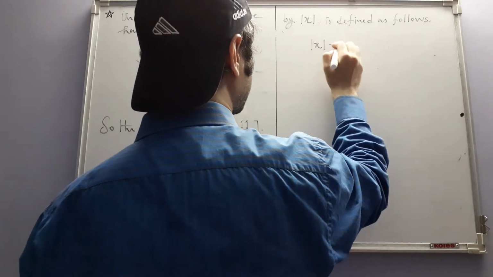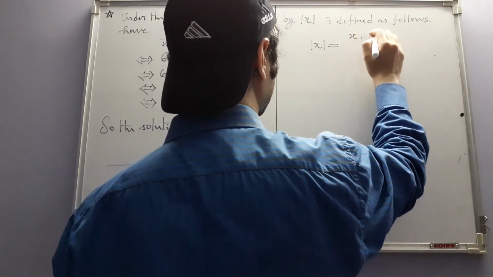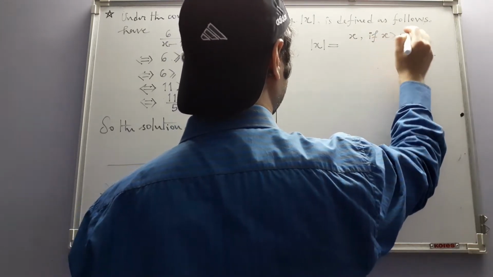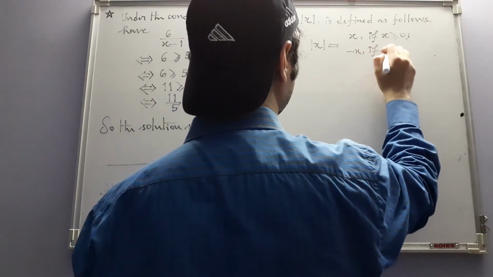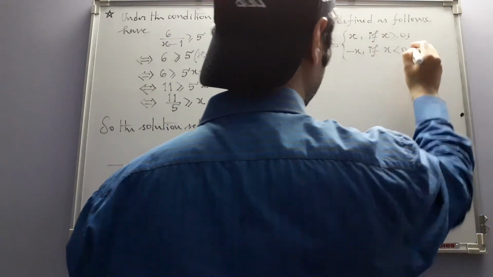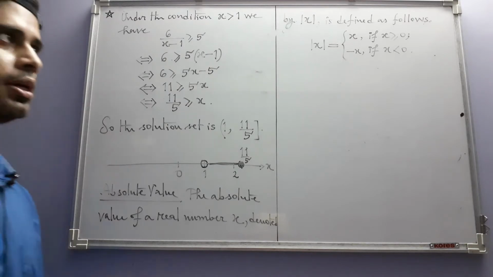Absolute value of x is defined to be equal to x if x is greater than or equal to 0, and minus x if x is less than 0. This is the definition of the absolute value of a real number.